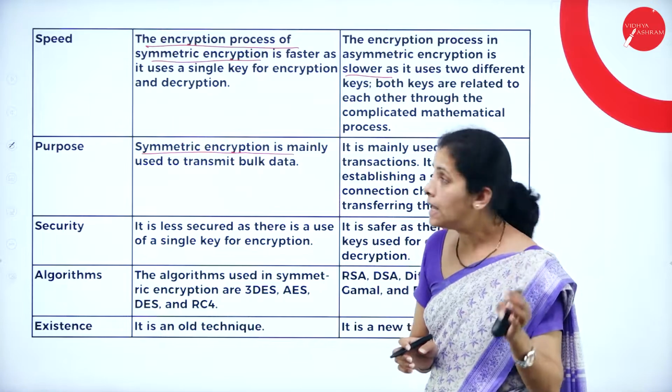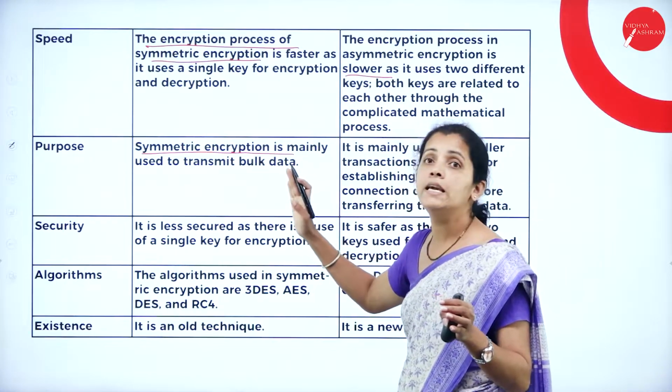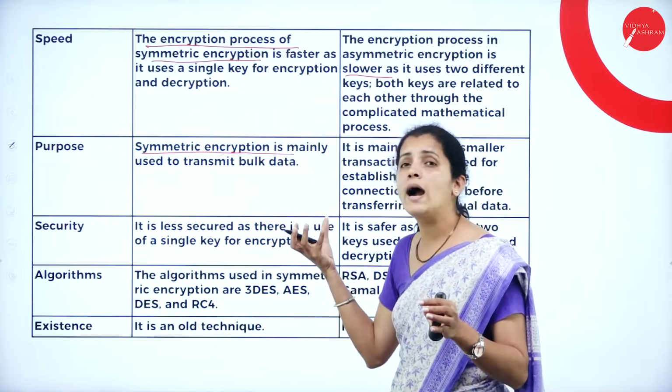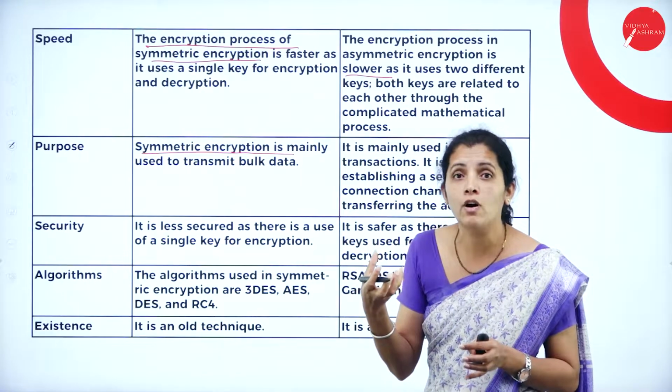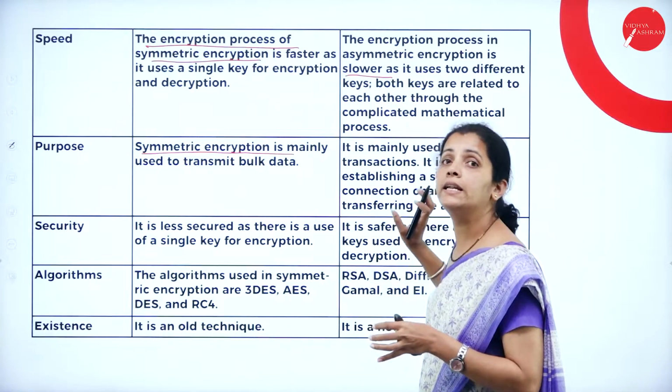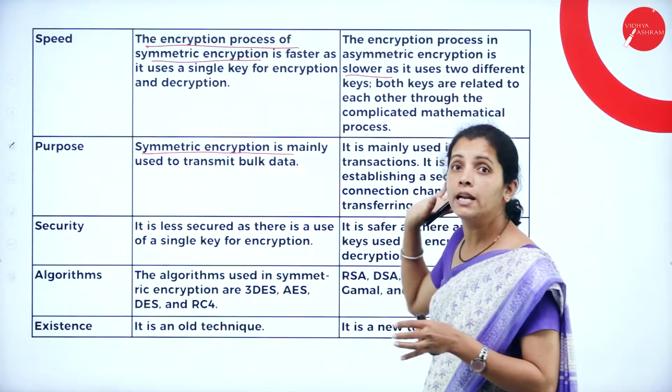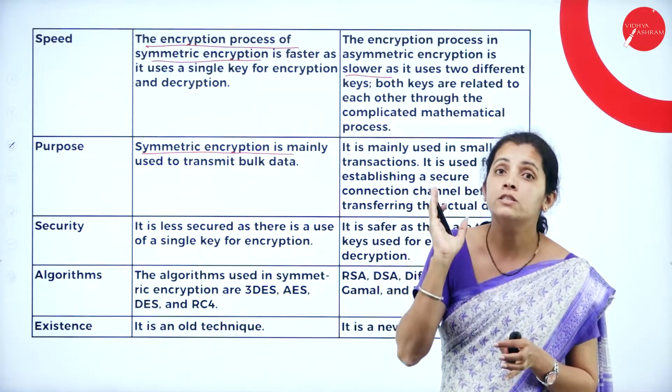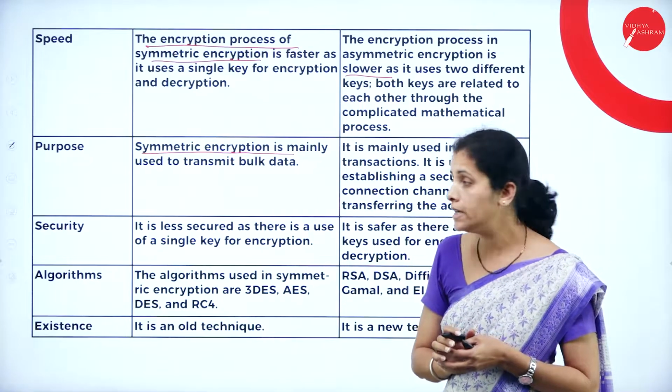And if I consider symmetric key crypto system, it provides less security for our data. And if I consider asymmetric key crypto system, it provides more security to our data.